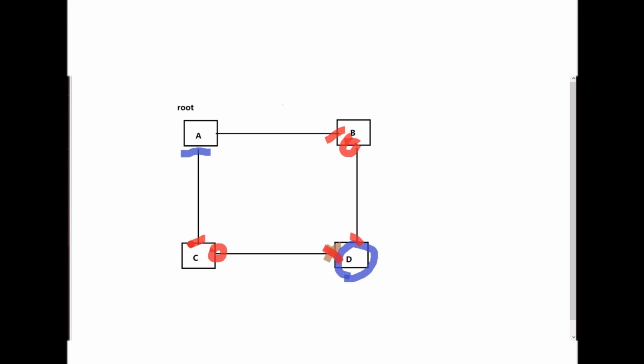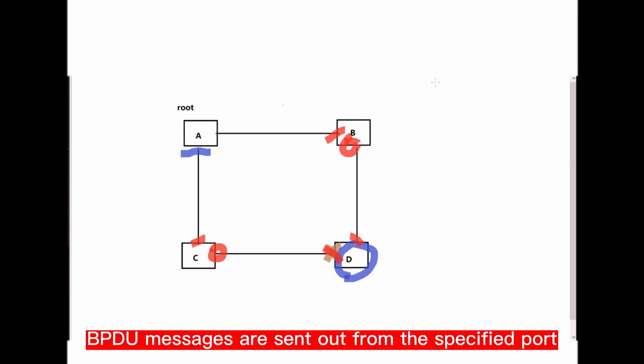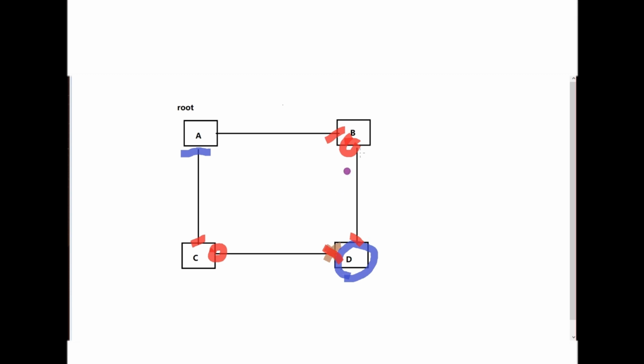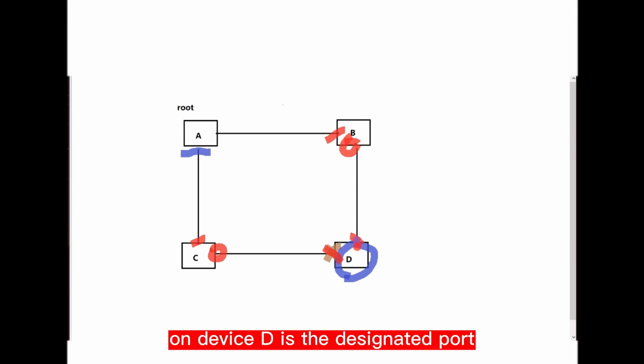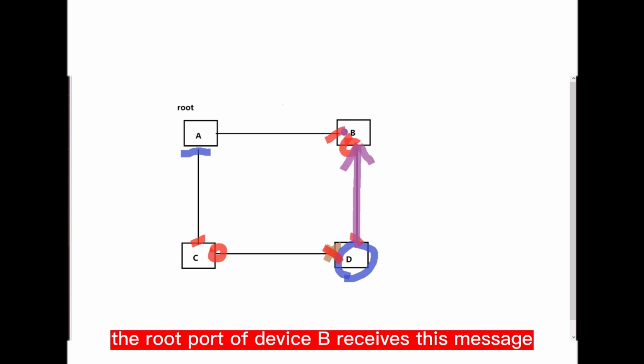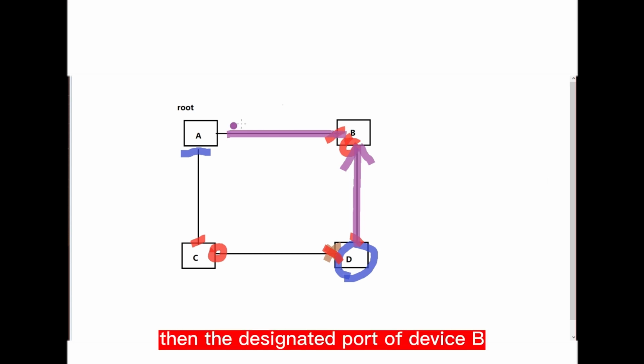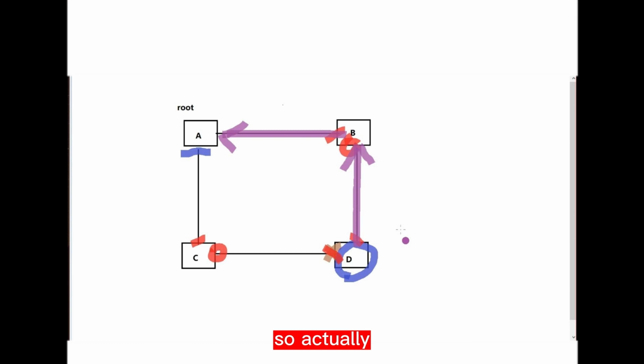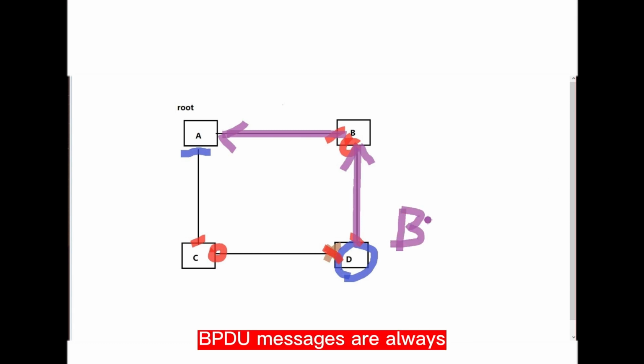You should know that BPDU messages are sent out from the designated port. On device D the designated port sends it out. The root port of device B receives this message. Then the designated port of device B sends this message out.